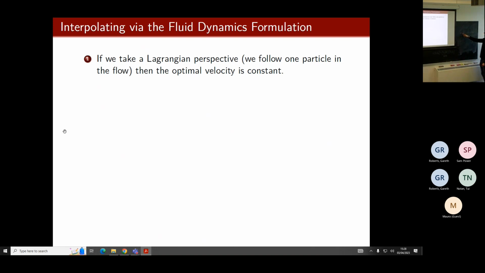This particle is going to move at a constant speed. He'll start off here at time t equals 0, be here at time t equals half, and be here at time t equals 1. From his point of view, he's moving at constant speed.